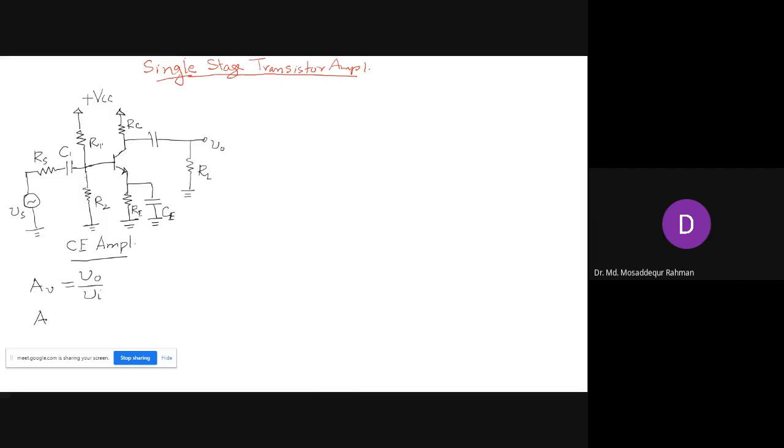The current gain similarly will be the output current divided by the input current. The output current is the current that flows through the load, that is our I naught.